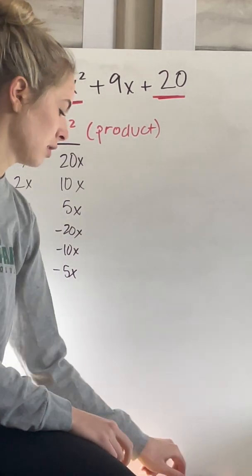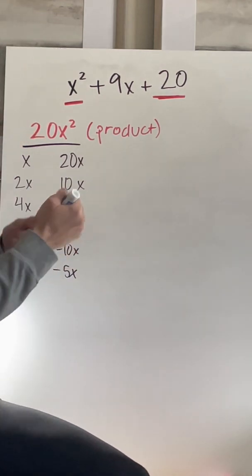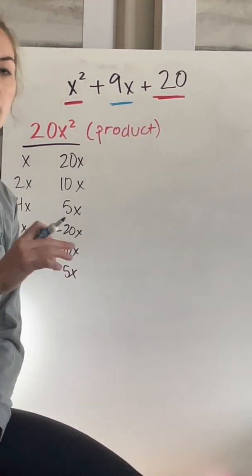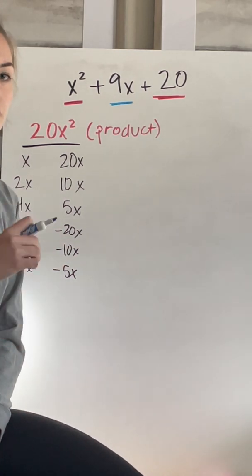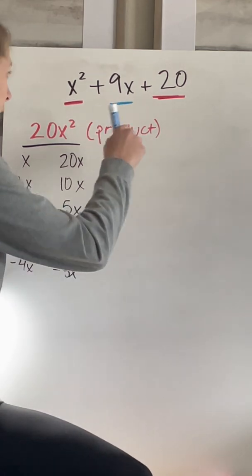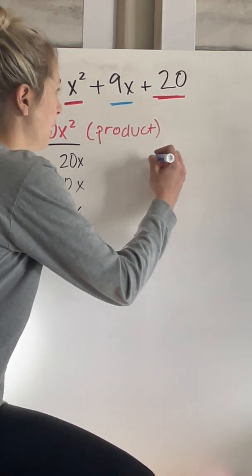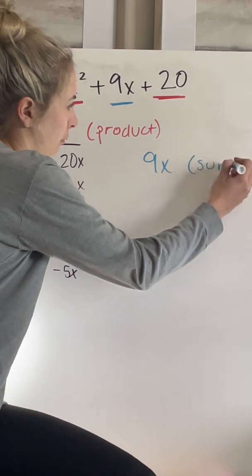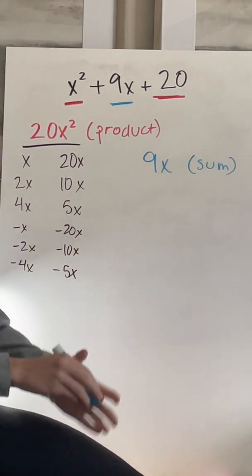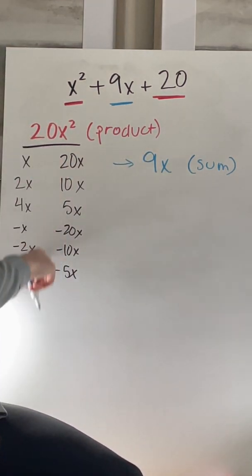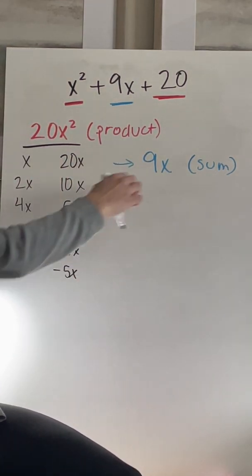Now let's identify our sum. Our sum is just this middle term. So in a 3-term expression, our sum is always the term that has one x, instead of an x squared. So our sum is 9x. Now which one of our multiples will add to give us 9x?